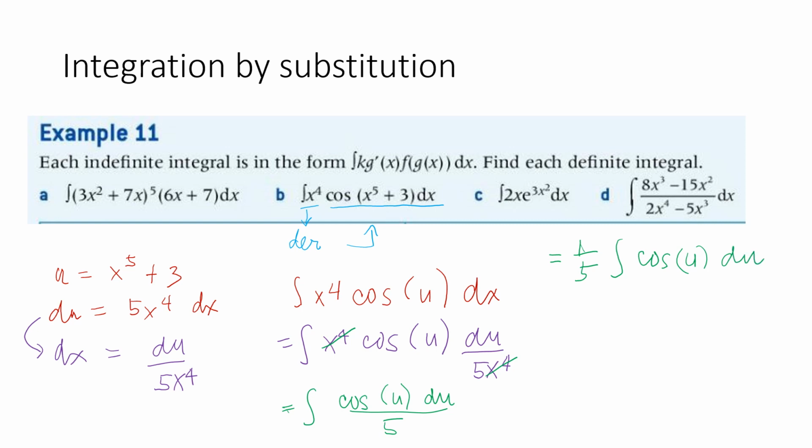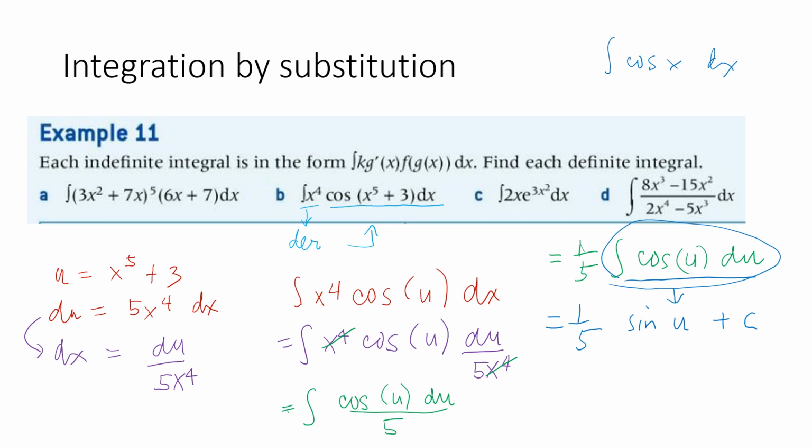It's similar to getting the integral of cosine x dx. So it's 1/5 times the integral of this function, which is sine u. Do not forget plus c. So the integral of the whole thing is sine u plus, don't forget, c, because we are dealing with indefinite integration.